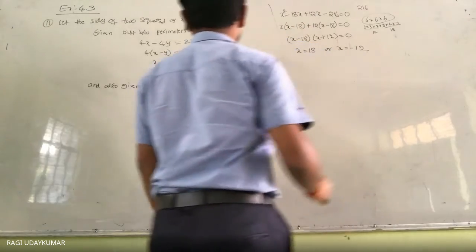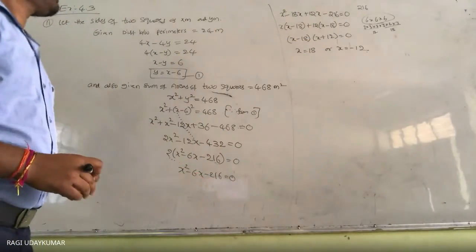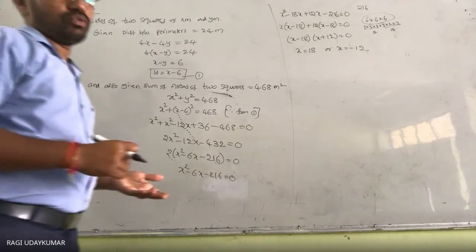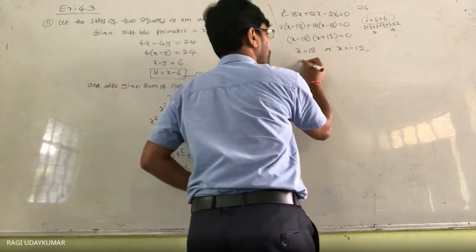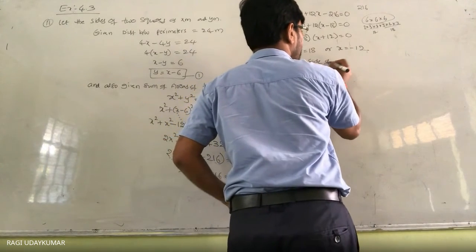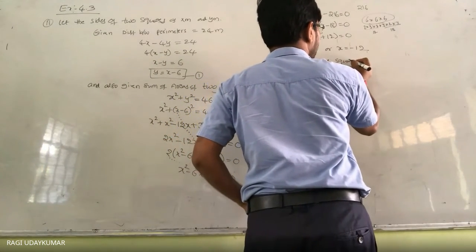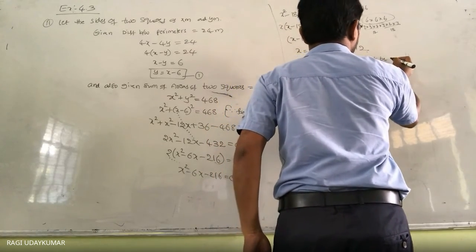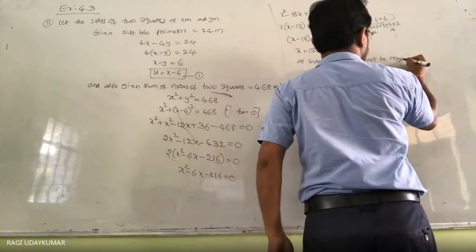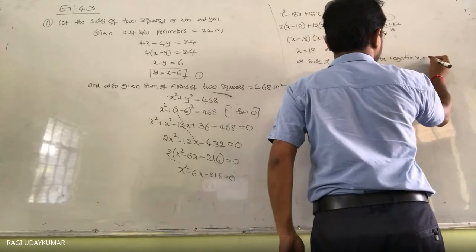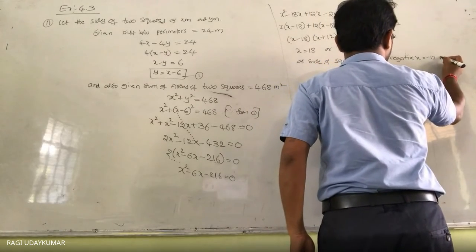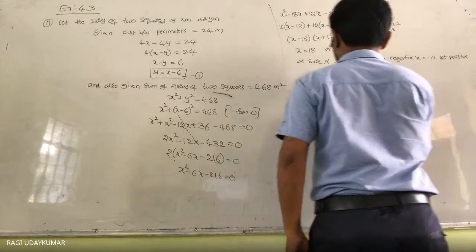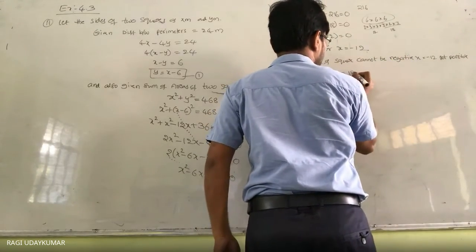So what is here? Side of the square cannot be negative. x is equal to minus 12 is not possible. Therefore, x is equal to only 18.